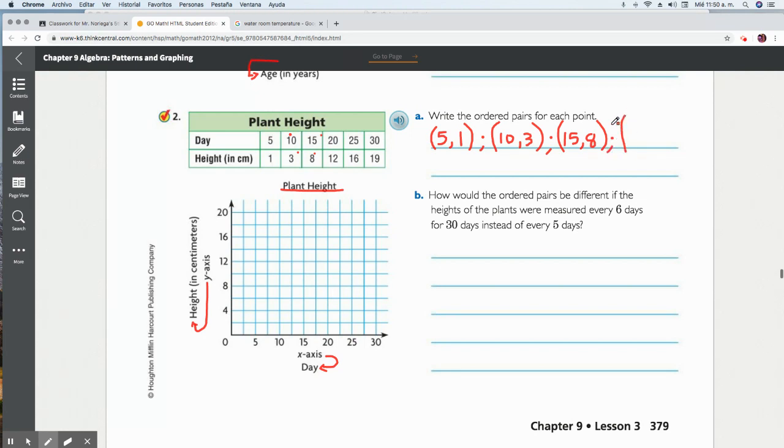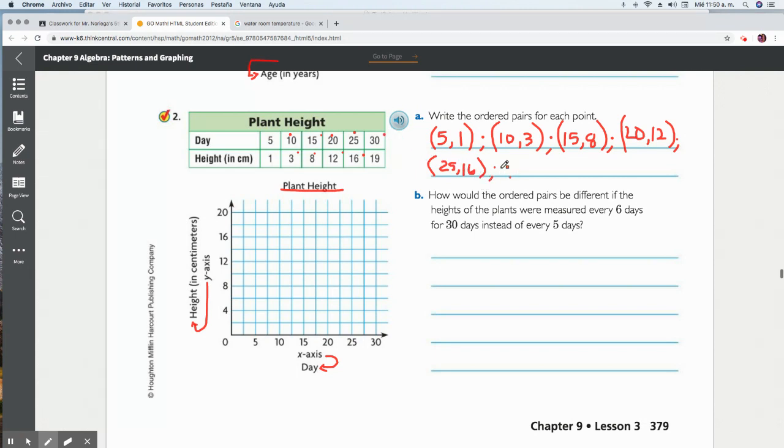Our next ordered pair is for 20. Our plant on day 20 was 12 centimeters tall. For day 25, we write an ordered pair with 25 for the x-axis and 16 for the y-axis, meaning that 16 centimeters was the height of the plant on day 25.